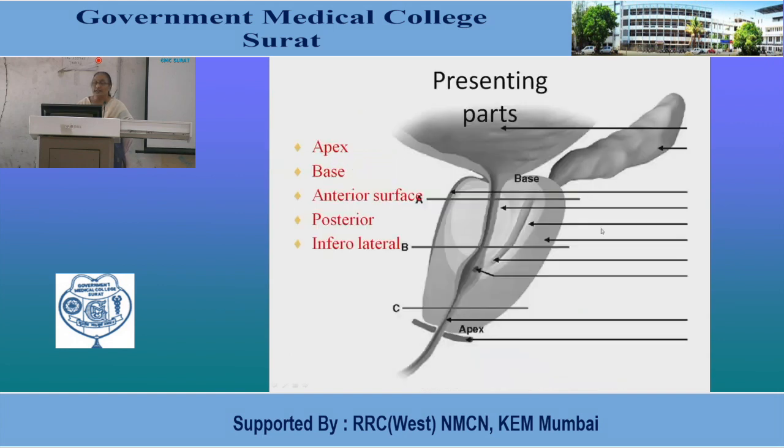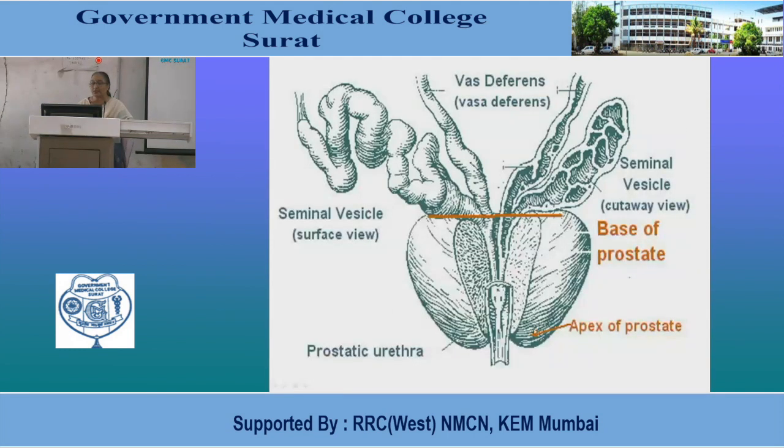Now, the diagram showing here the nape of the bladder, where the prostate gland is, the base is directed upward, apex is directed downward, this is the anterior surface, posterior surface and both the sides infralateral surfaces. You can see again the base of the prostate, apex of the prostate, here the urinary bladder. The posterior surface of the urinary bladder, in the previous diagram we have seen the vas deferens, the seminal vesicles here, and through the substance of the prostate, the urethra is traversed, called the prostatic part of the male urethra.